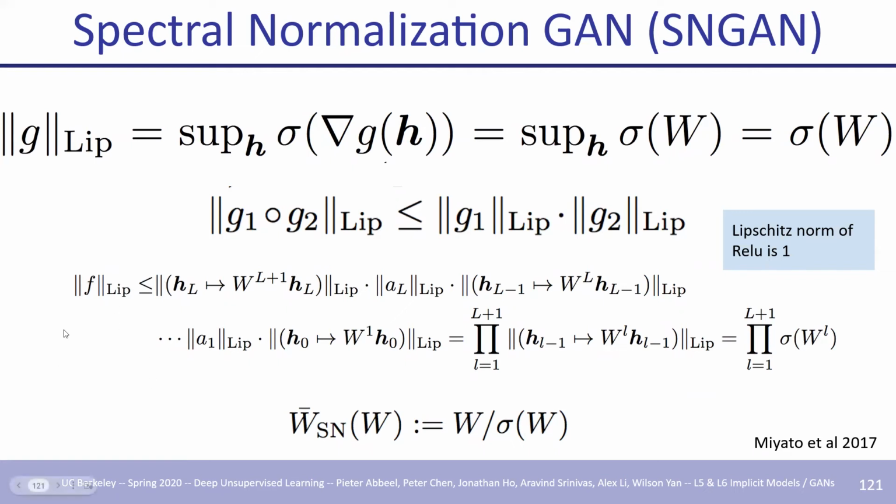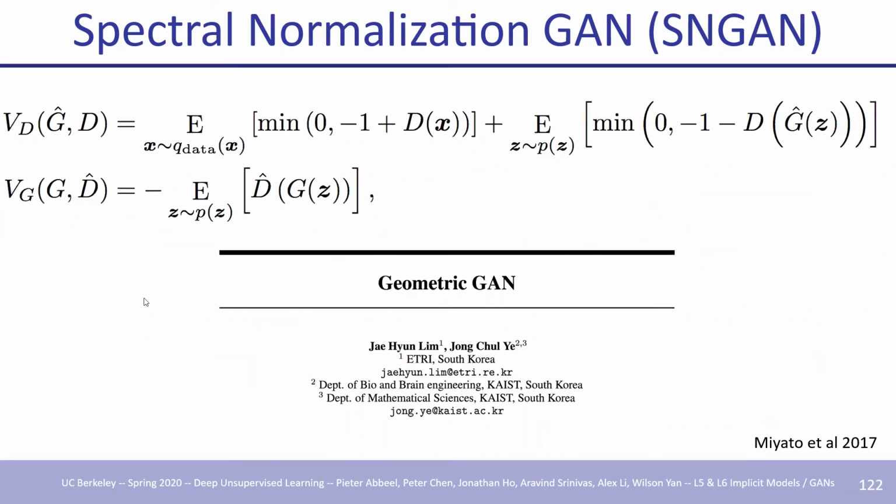So instead of putting it in the cost function, we can normalize the weights by doing the spectral normalization, and then it is the same thing as restricting the Lipschitz norm to 1.